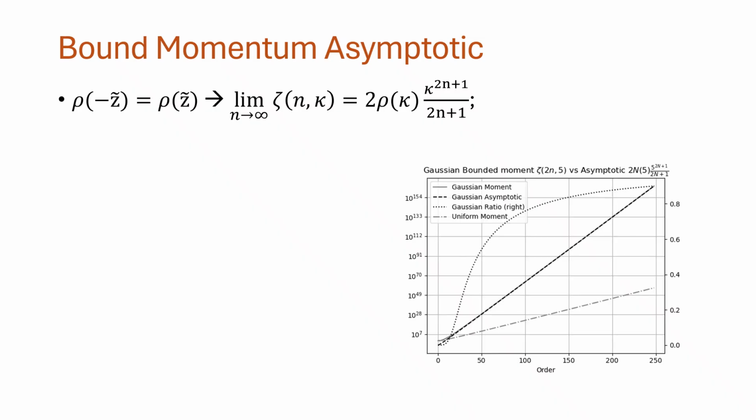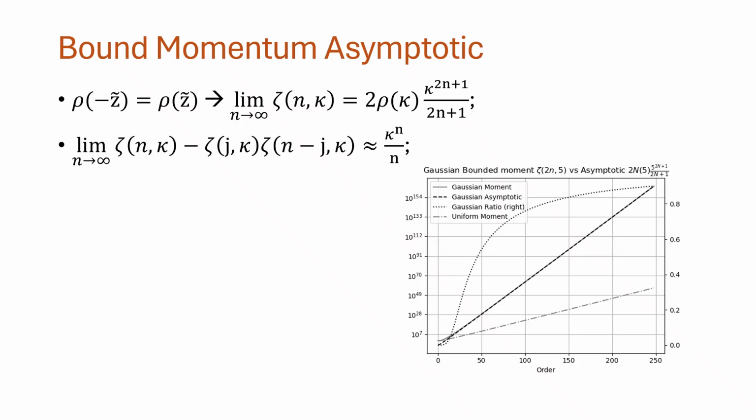Here is an example for Gaussian bounding momentum, which increases with the power of range, and also for the uniform distribution, which also increases with the power of range. The only thing is the uniform has a much lower increase than the Gaussian.